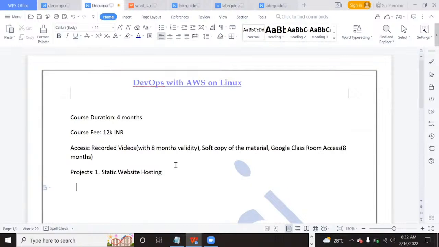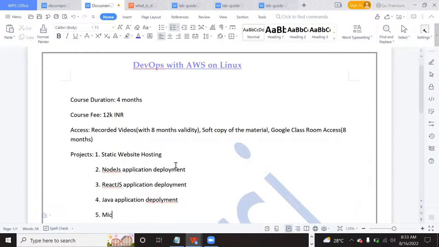So the projects are: static website, then Node.js application deployment, then React.js application deployment, then the fourth project is Java application deployment, and the fifth project is microservices deployment.